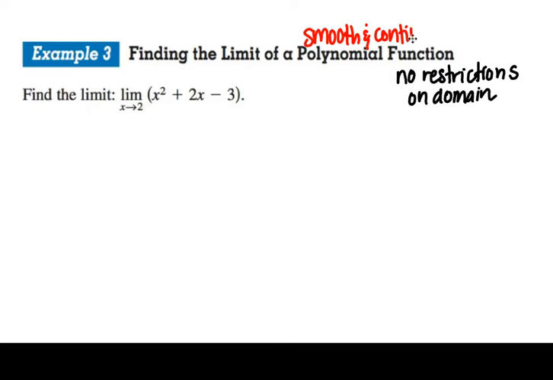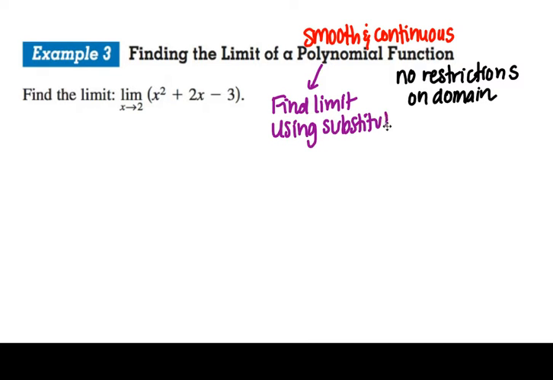You might have learned that in your college algebra class. Polynomial functions are smooth and continuous. Therefore, polynomial functions, we can find the limit using direct substitution. So this is the rule that's going to work here.